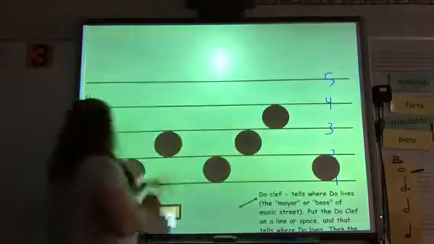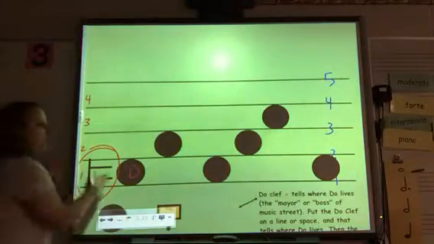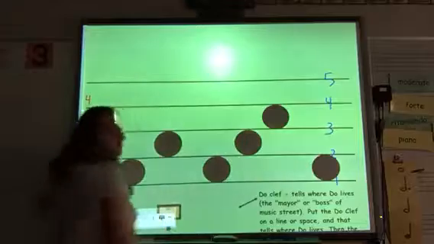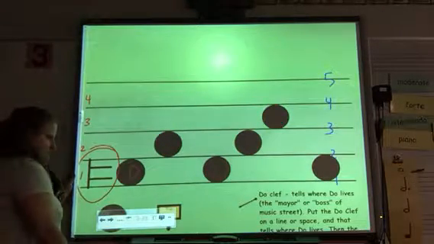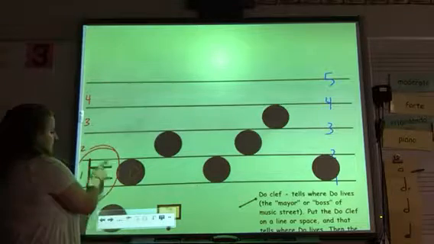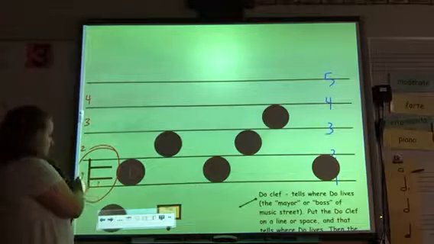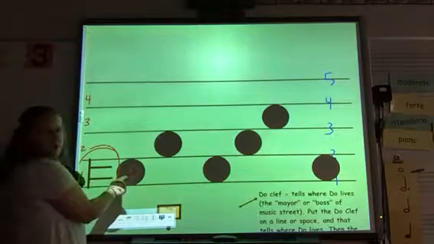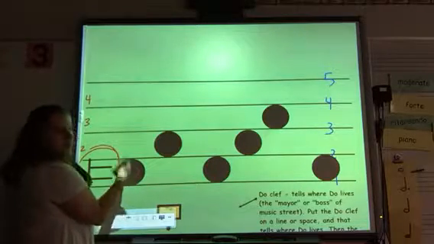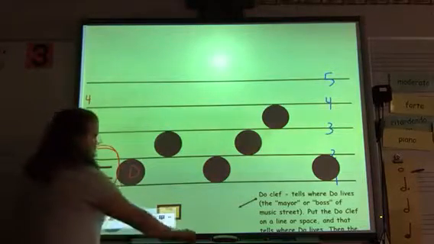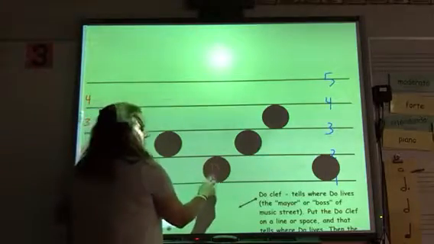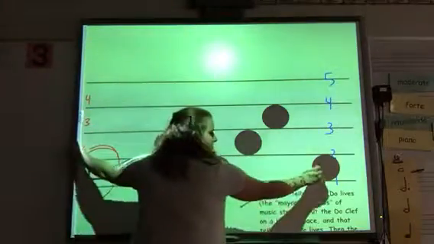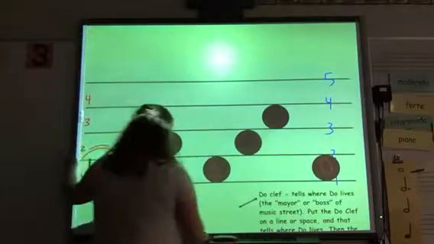All right, so what do I do? How do I figure out which pitches I need to sing? Where's do, where's mi, where's so, la, and so on and so forth. So I look at my do clef, here it is on the first space, and the first thing I'm going to do is figure out where my other do's are, or if there are any other do's in my song. So I look over, first space, oh, here's another do in the first space, oh, here's another do in the first space.